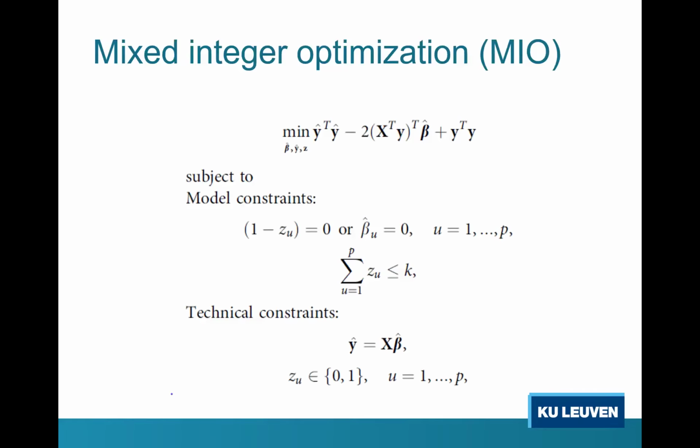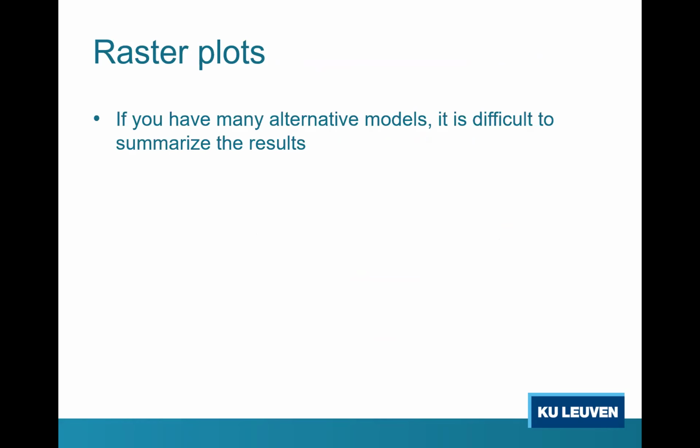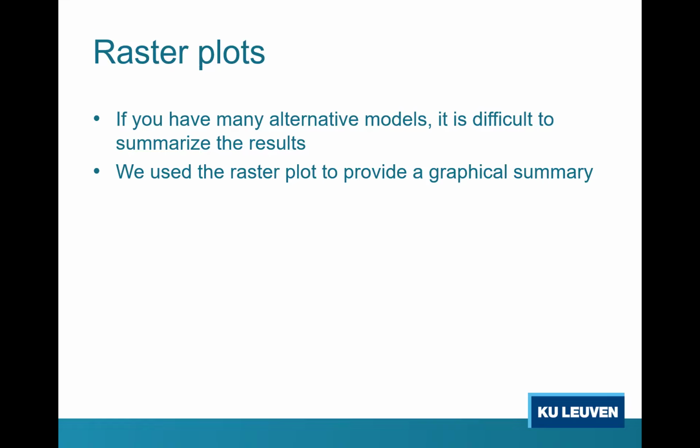A key feature of this approach is that we come up with a list of good models rather than just one good model. Now, of course, if you come up with a list of models, it's a little bit hard to summarize all your results.